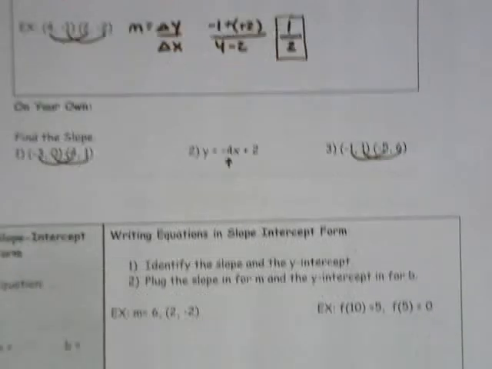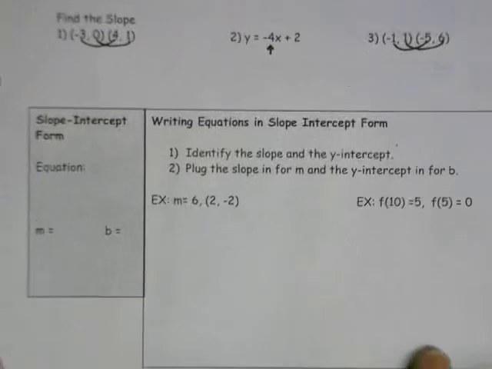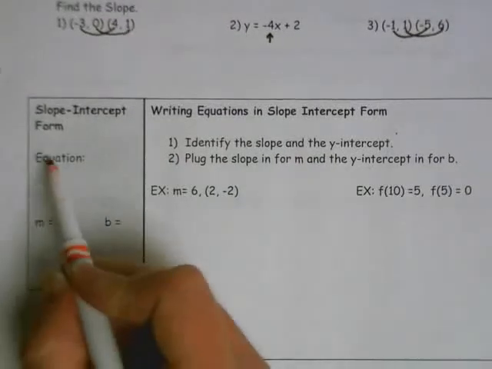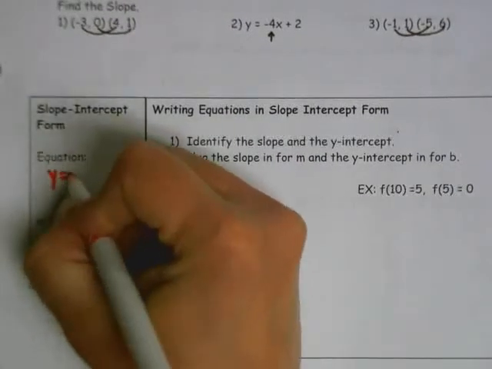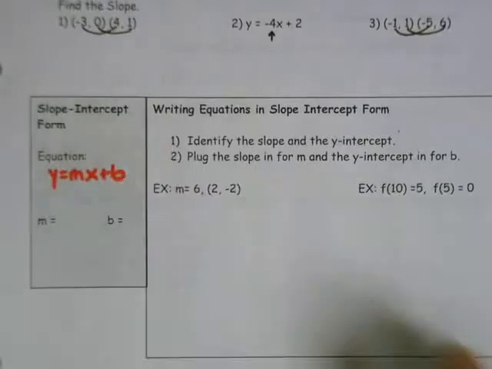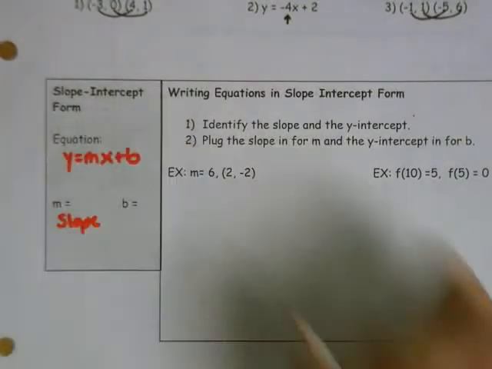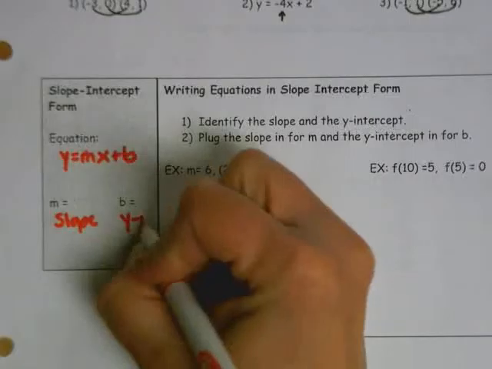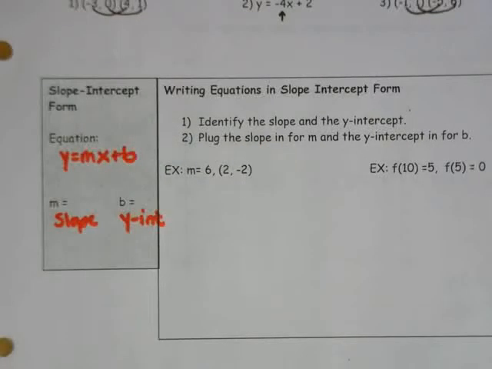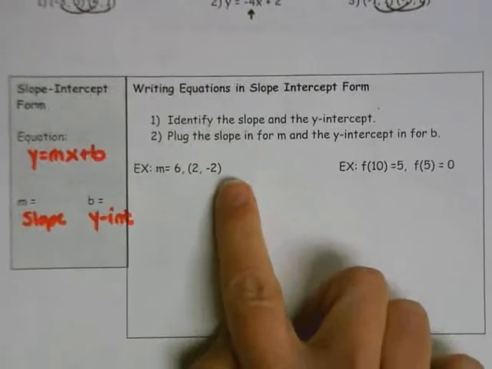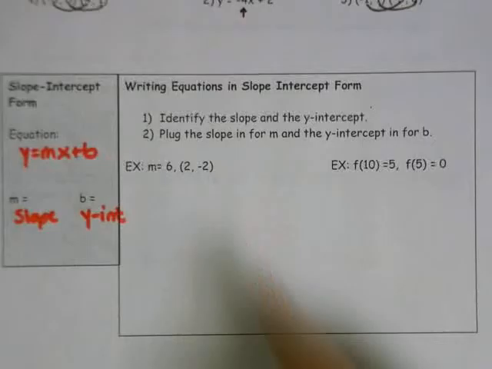If you need to learn how to write equations in slope-intercept form. So slope-intercept form over here is y equals mx plus b, and the m is the slope, and the b is the y-intercept, where it hits the y-axis. So from here, we are going to see what we need to do to plug in to y equals mx plus b.